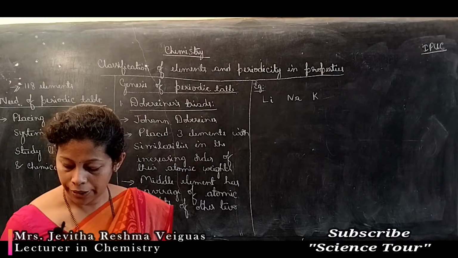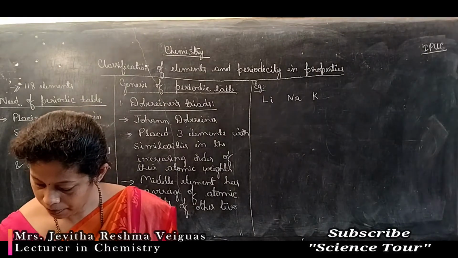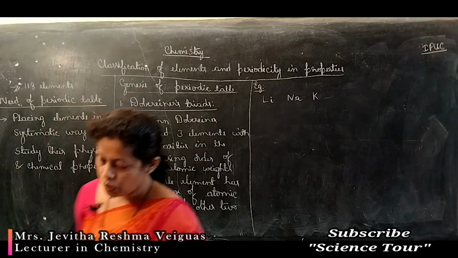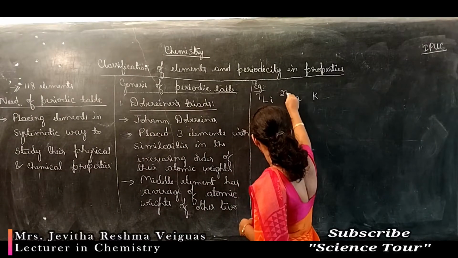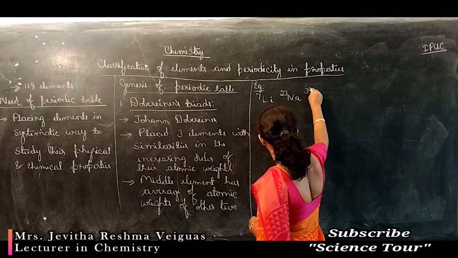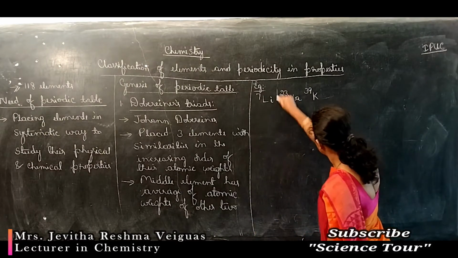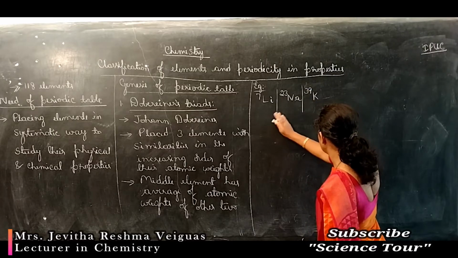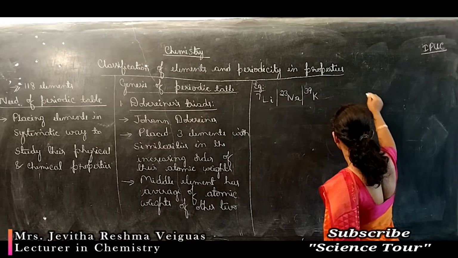Lithium atomic weight is 7, sodium 23, potassium 39. Look here, sodium atomic weight is 23, which is the average of 7 and 39.